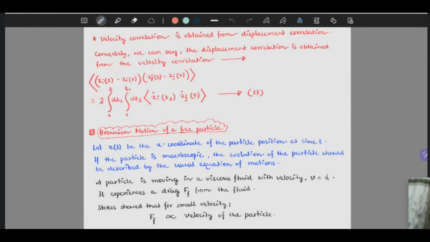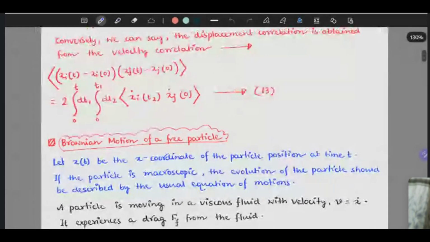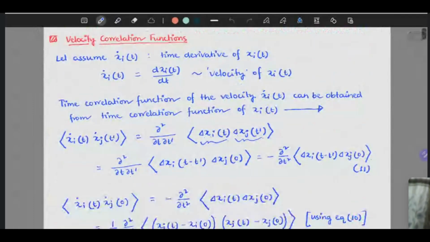So we were talking about, in the last class, we first tried to get the velocity correlation functions.